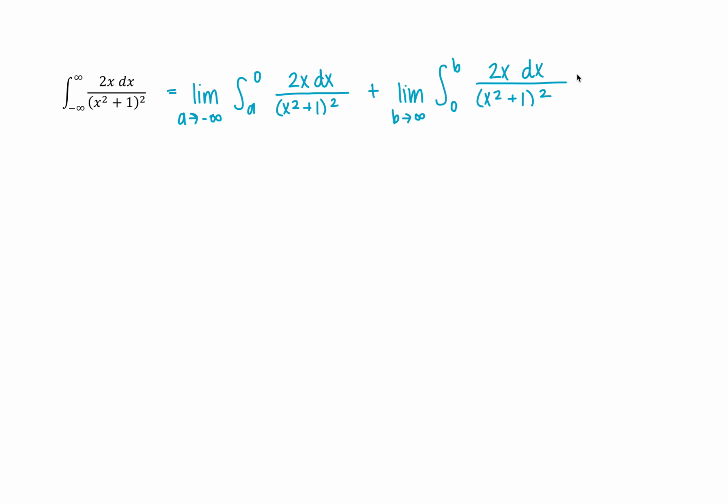Now, the nice thing here, if you want to look at it from this perspective, is that we are integrating the same function. So we're going to be going through a lot of the same steps here. I'm going to do a u substitution to integrate this. I'm going to let u equal x squared plus 1. So you can see it's the same thing in both.